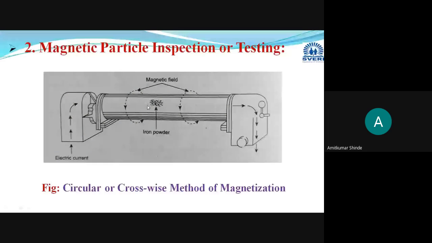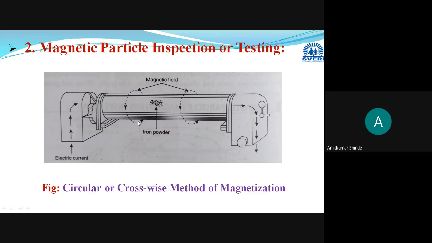Or in short, you can say that in magnetic particle testing, the cracks which are perpendicular to the direction of the magnetic field can be detected. When a crosswise magnetic field is created, the crack which is perpendicular to this direction of the magnetic field will get detected. And how will it get detected? First the magnetization is done: electric current is passed in the lengthwise direction, and the magnetic field gets created in the crosswise direction like this.